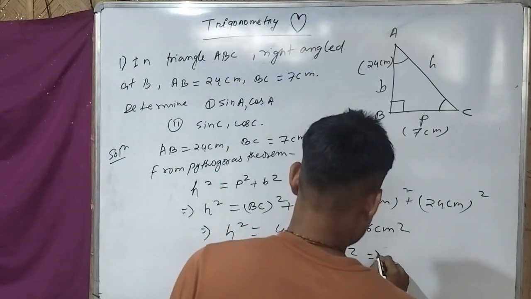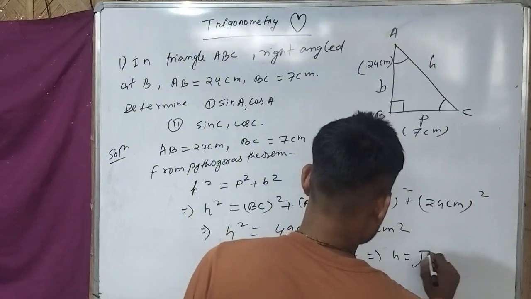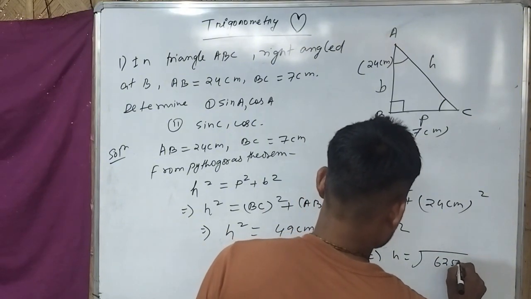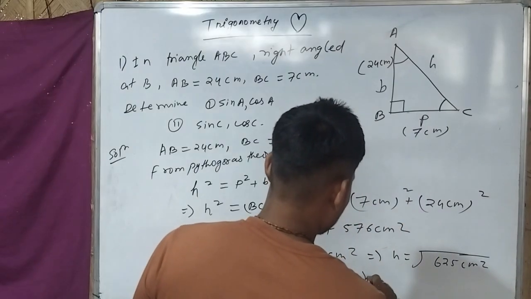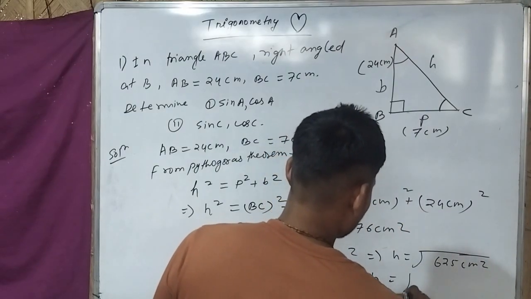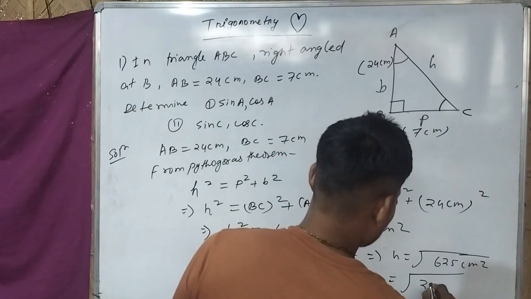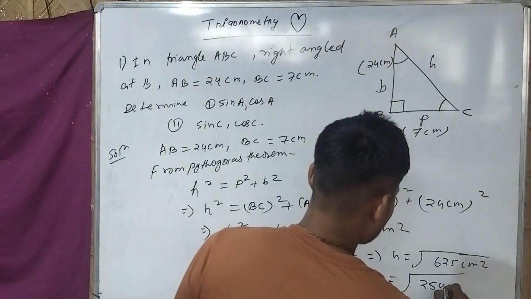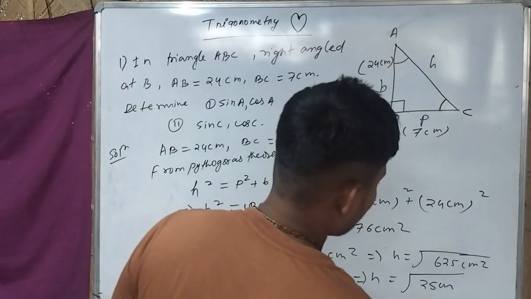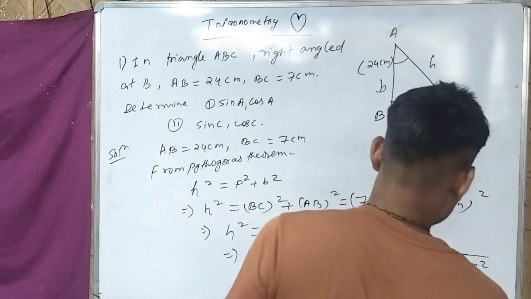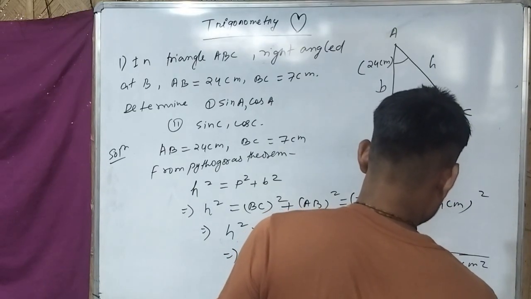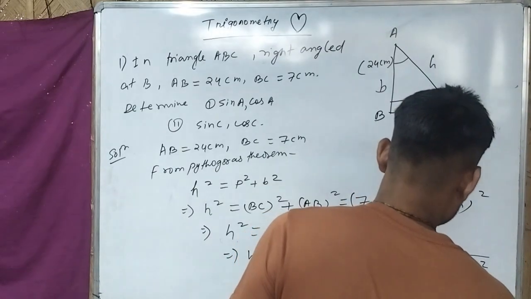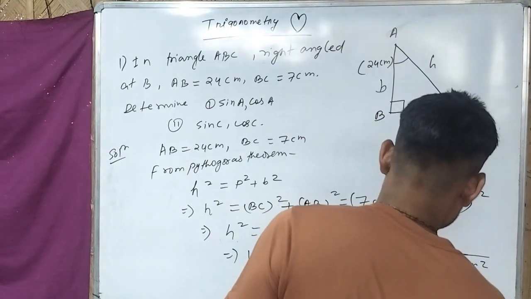Now, if you take h, it will be the root of 625 centimeter square. 625 means 25 centimeter, whole square, so the square and root cancel.